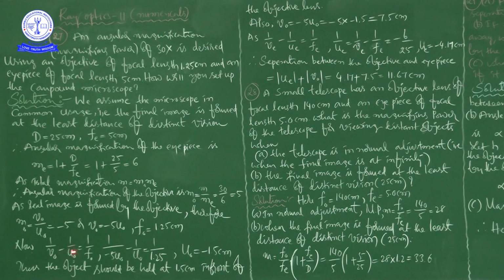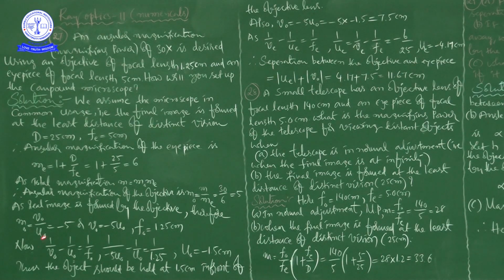By using the formula 1 by V naught minus 1 by U naught is equal to 1 by f naught, here 1 by V naught means minus 5 U naught, so minus 1 by U naught is equal to 1 by 1.25. By solving this, you will get U naught is equal to minus 1.5 centimeters.